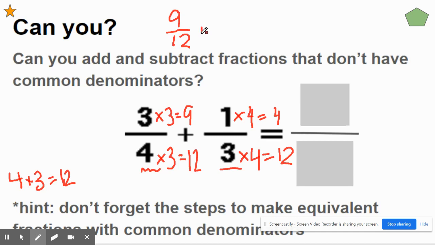So our second problem is going to be 4 over 12, all right? Now all I have to do is add it just like if it was a common denominator from the beginning. 9 twelfths plus 4 twelfths gives me 13 over 12. And that is the answer that I would put over 12.